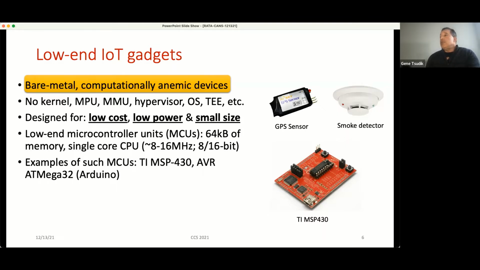If we zoom in on the TI MSP430, which has been around for quite some time, that device has about 64 kilobytes of memory, just one CPU, a single core, running somewhere between 8 and 16 megahertz, typically an 8-bit processor, maybe a 16-bit processor. So this should give you an idea of the kind of low form of life we're dealing with here.